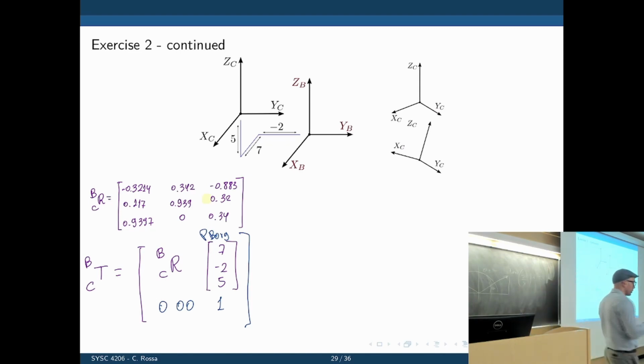Now we can input our vector that gives the position of point P in frame C, and express that with respect to the robot reference frame. How do we do that? We know that the point P expressed in B now is the homogeneous transformation times what?